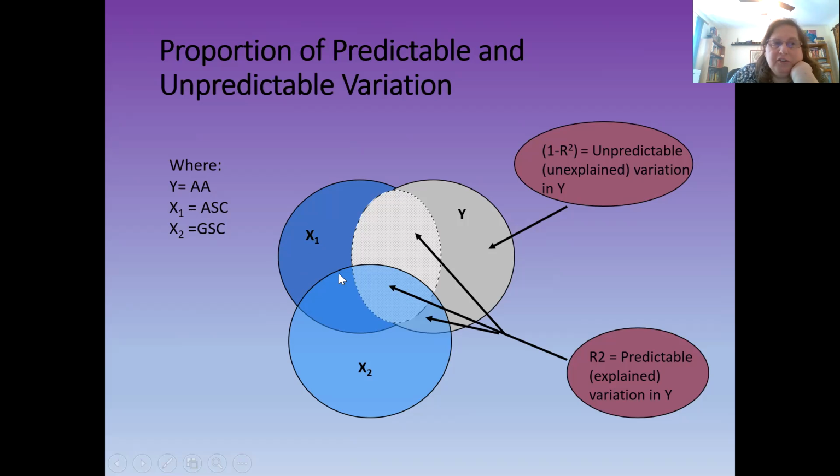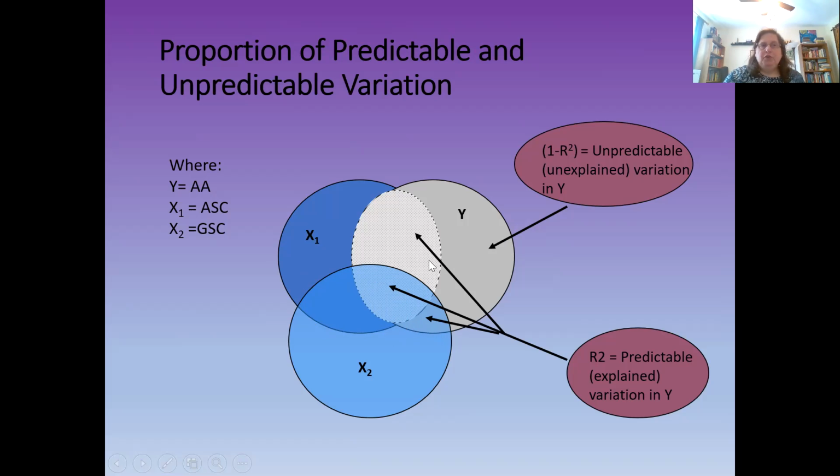GSC is right here. It's this lighter blue one. General self-concept. That's kind of the overlap. And I should show you actually the overlap of X2 and Y is only this part.